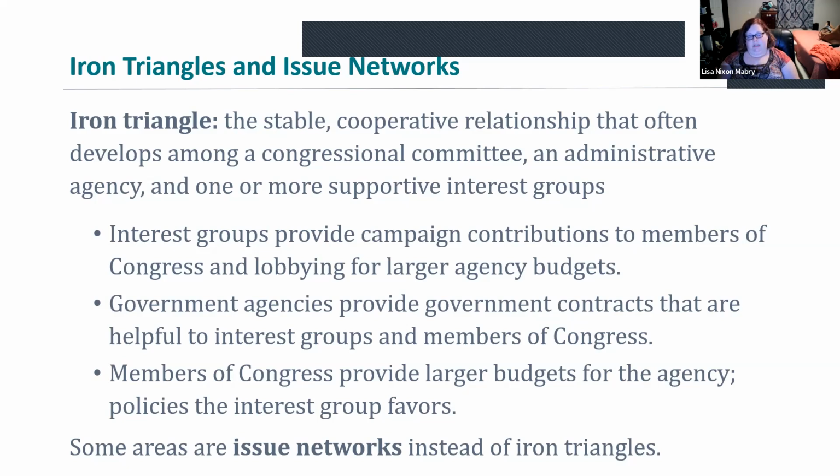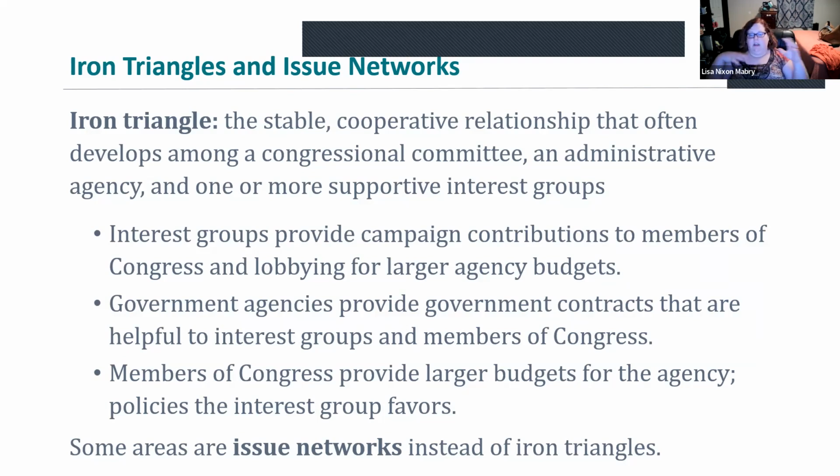And the members of Congress can provide larger budgets for the particular group, and then policies that favor the interest group, like banning offshore drilling if they're looking at protecting, you know, Panama City beaches, or making sure that the emission standards for air pollution are not exceeded.